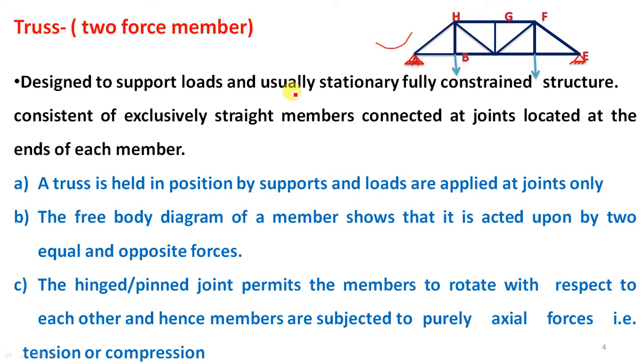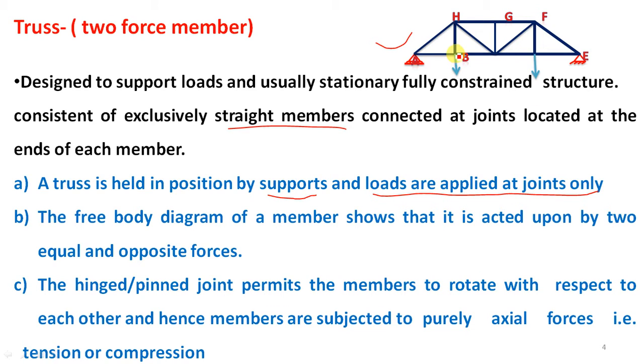A truss is designed to support loads, usually stationary, and is a fully constrained structure. It consists of only straight members connected at joints located at the ends of each member. The truss is held in position by supports, which we have already discussed, and loads are applied at joints only.